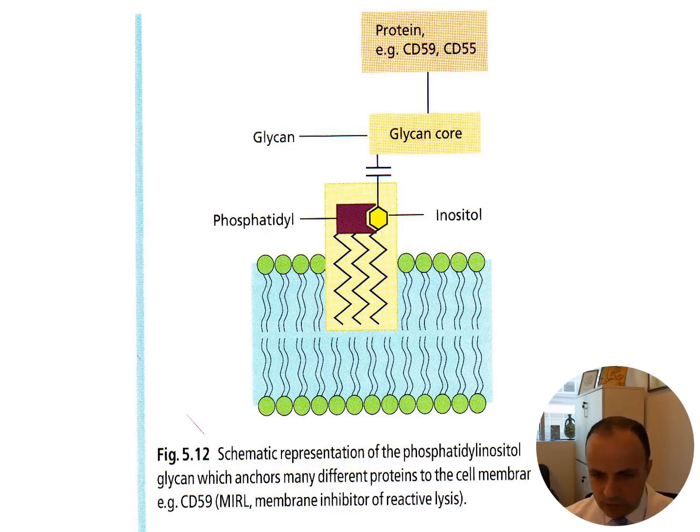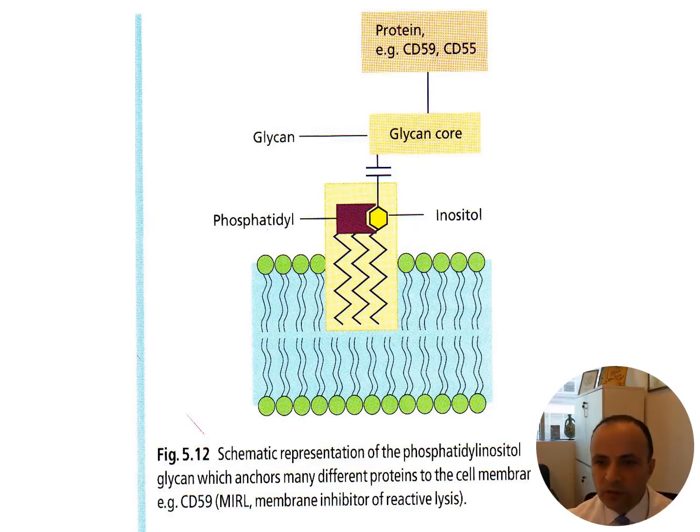So what you see at the bottom of the slide is the typical cell membrane with the biphospholipid layer, and you have this phosphatidylinositol, which acts like an anchor protein. It's a protein that's attached to the cell surface, but to which multiple other proteins get attached. It's just like an anchor, and other proteins get attached to it.